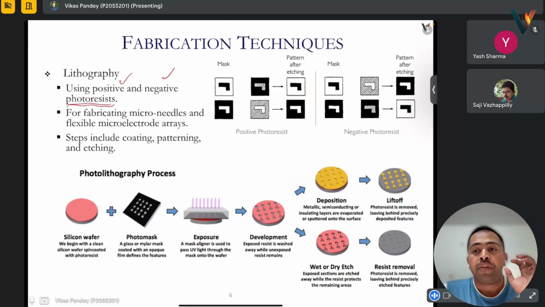With the positive one, the area that gets exposed to light becomes soluble in a compound or liquid called developer. In the case of negative photoresist, it is just the opposite. The exposed area will remain stable, and the unexposed area will become soluble in the developer.